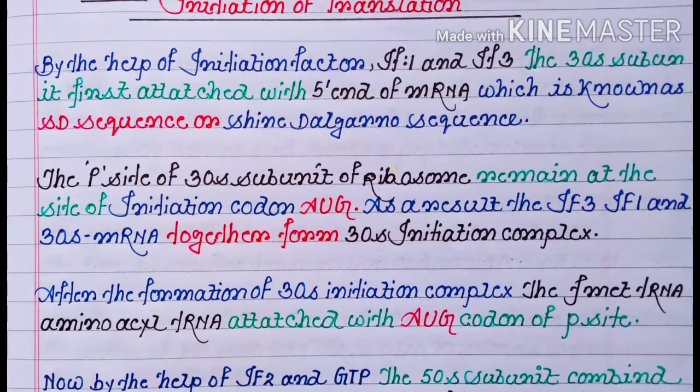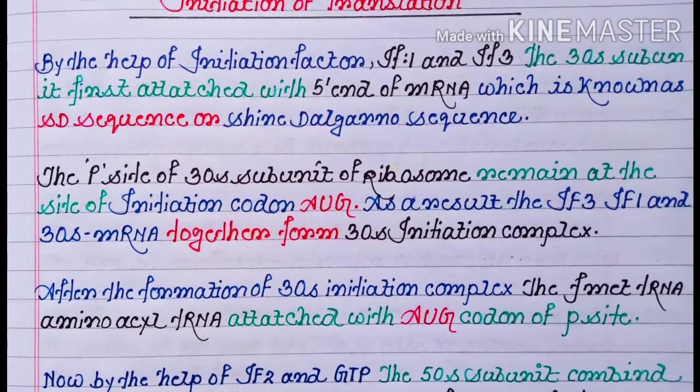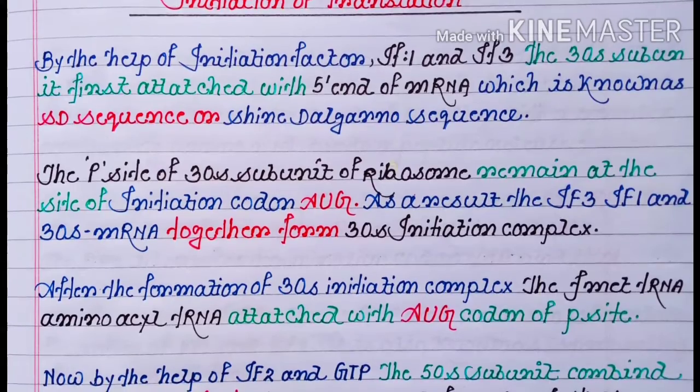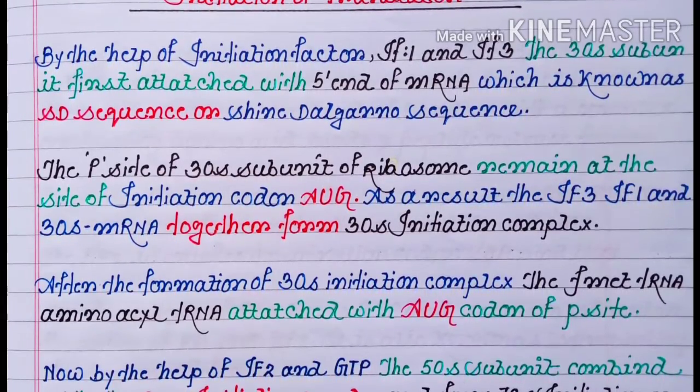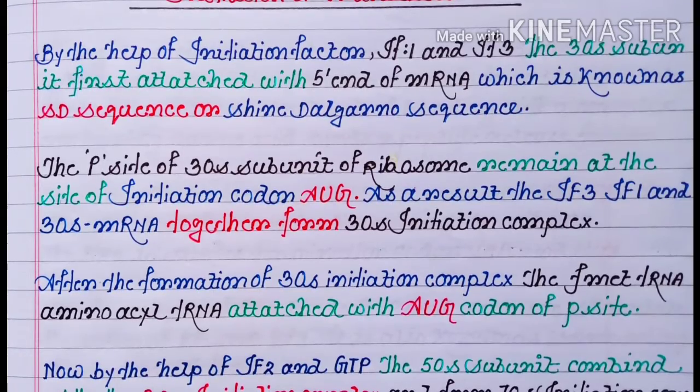The P site of the 30S subunit of the ribosome remains at the site of the initiation codon, that is AUG.